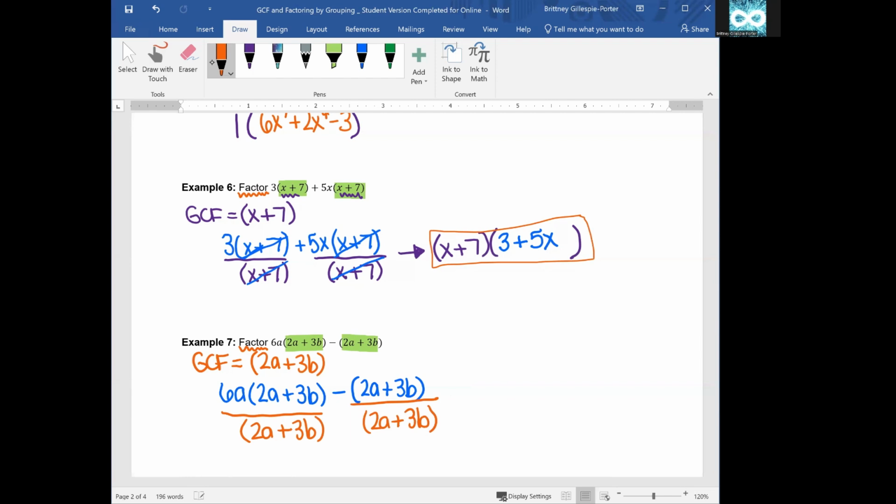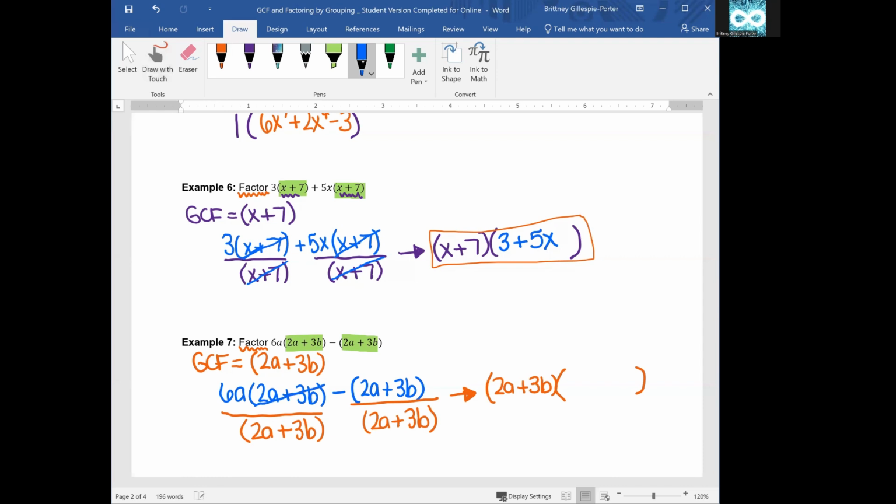And remember, whenever we are dividing out our GCF, it's going to go in parentheses out front. Parentheses this time because it was in parentheses, but it's going to go out front of a second set of parentheses. Let's go ahead and start simplifying.